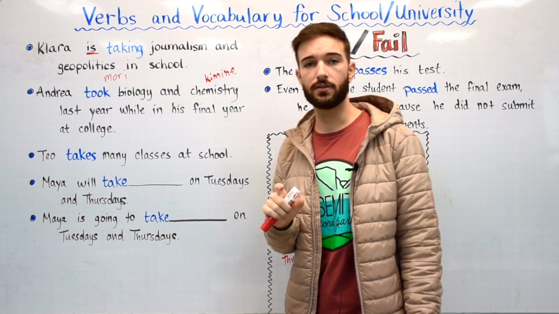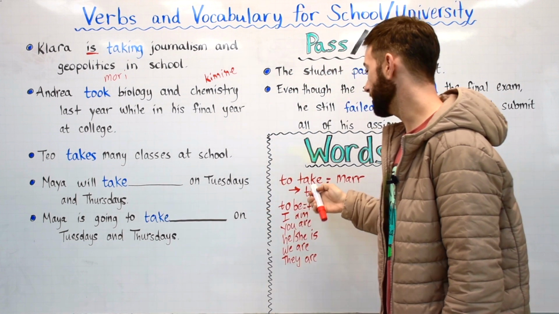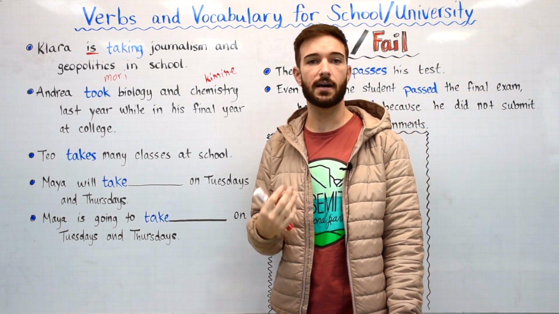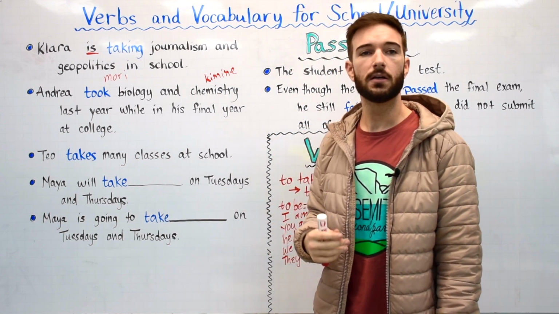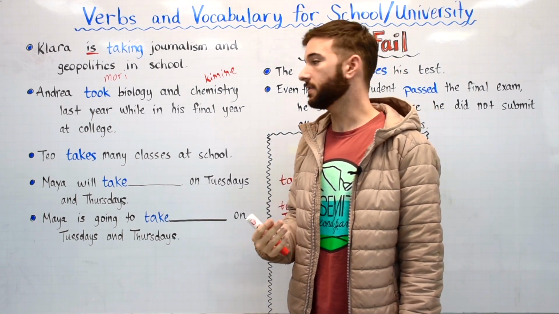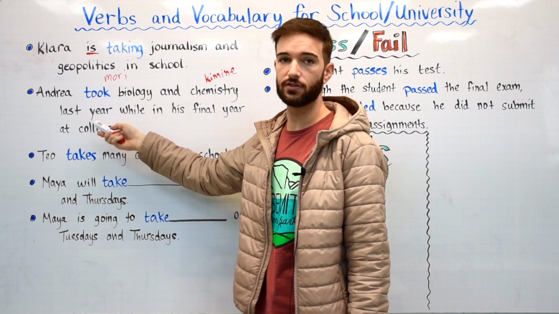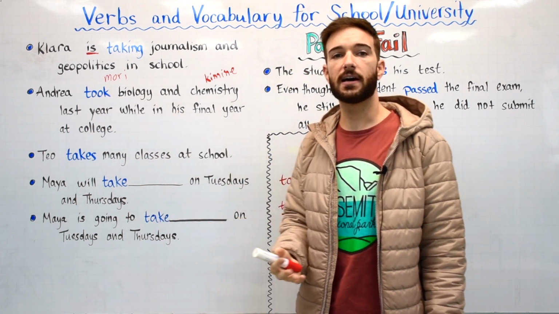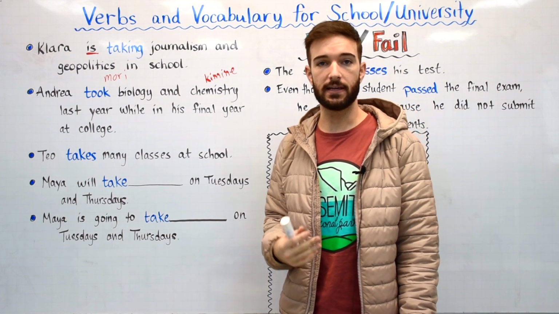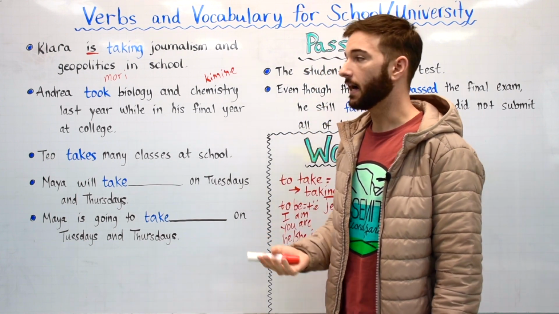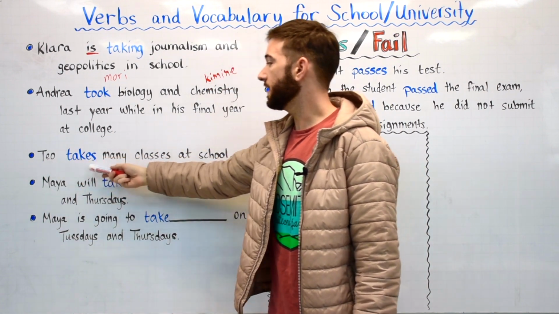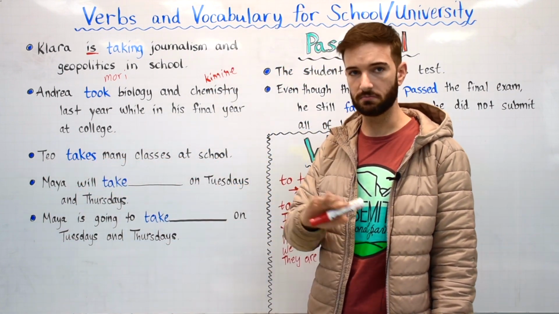Fjala took gjithashtu vjen nga folja to take në anglisht, okay? Por në këtë rast ne e kemi atë në kohën e shkuar, sepse ka ndodhur vitin e kaluar. It happened last year, so this is in the past. Nëse po flasim për marrjen e klasave në përgjithësi, atëherë themi, for example, Teo takes many classes at school. That's it.